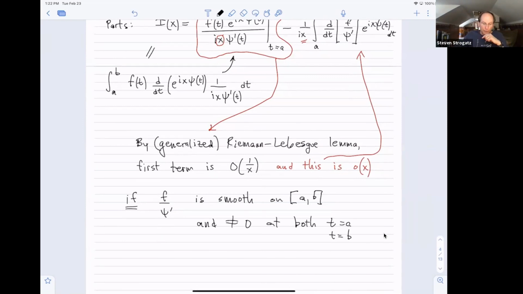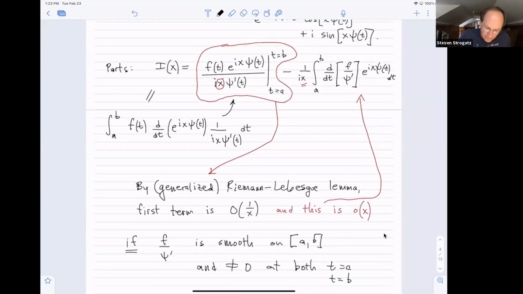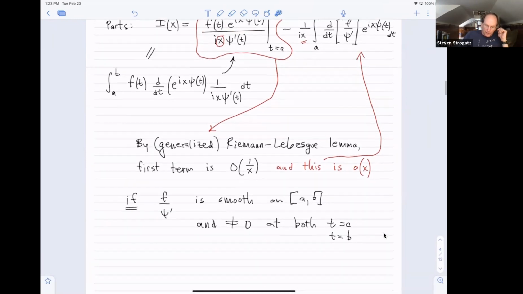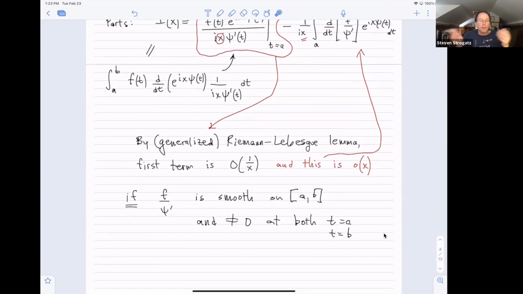Right, because if it's 0 at both endpoints, then when we evaluate this expression, we're going to get 0, and so this cannot be the dominant term, the boundary term, because it's 0. So in order for it to be dominant, let's suppose it doesn't vanish at both endpoints, which will be typically what will happen. It will not. And it's smooth enough on the interior.